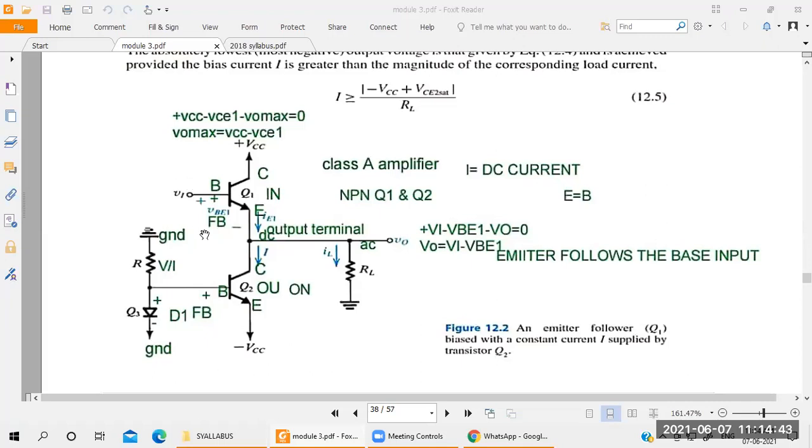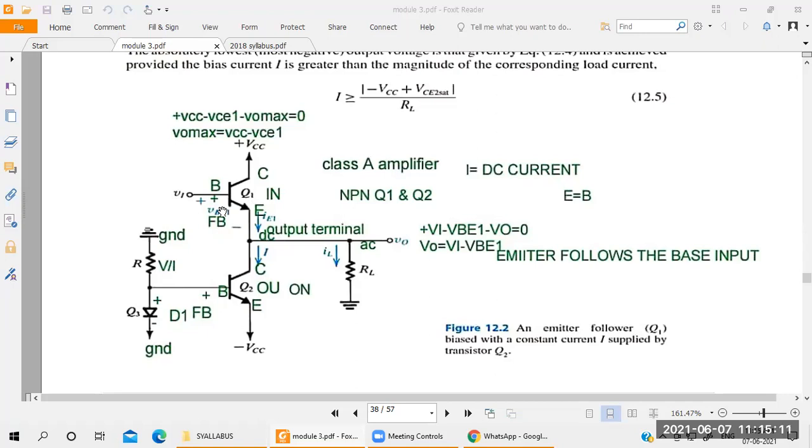When there is a positive voltage here, the Q1 becomes on, which means the output transistor becomes on. When it is in on condition here, the collector is connected where here? Plus VCC. Q1, the output transistor, is connected to the positive DC voltage. This positive DC voltage goes to the output across the load resistance when Q1 is on.